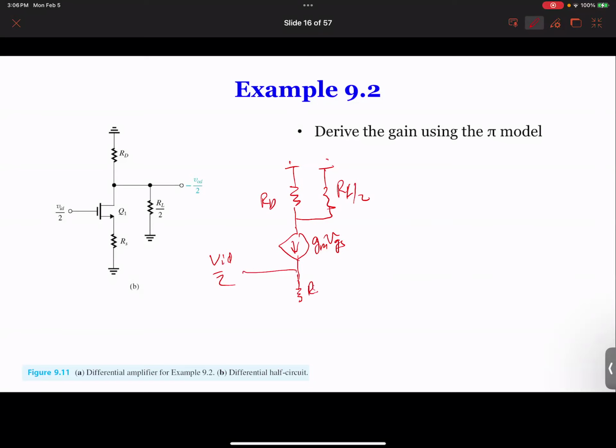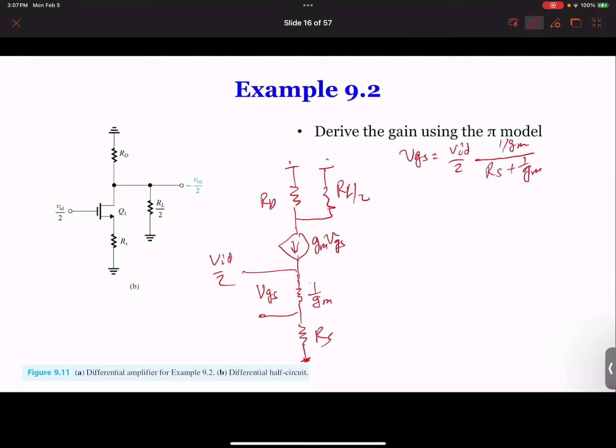So this is going to be the one that we're missing. So this is really 1 over GM. And this is RS. And we're going to connect this to ground. So if you look at VGS, so VGS is equal to what? VID over 2 times the voltage divider, which is RS plus 1 over GM. So that's the only difference.